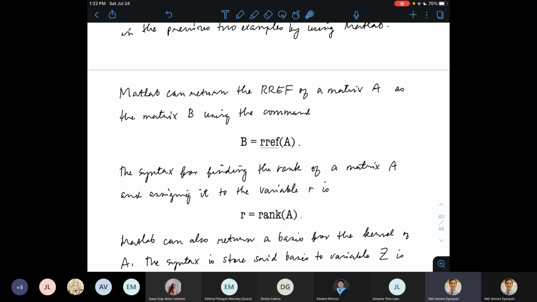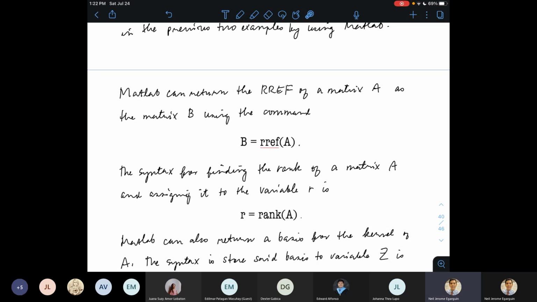Again, in MATLAB, kailangan i-declare ano yung matrix A. Pag meron ka ng matrix A, na-define mo na siya sa taas, then call B equals rref(A), it will compute the reduced row echelon of A and save that in the variable B. So elsewhere in your code sa ilalim, pag naglagay ka ng B, gagamitin niya yung value ng RREF ni A.